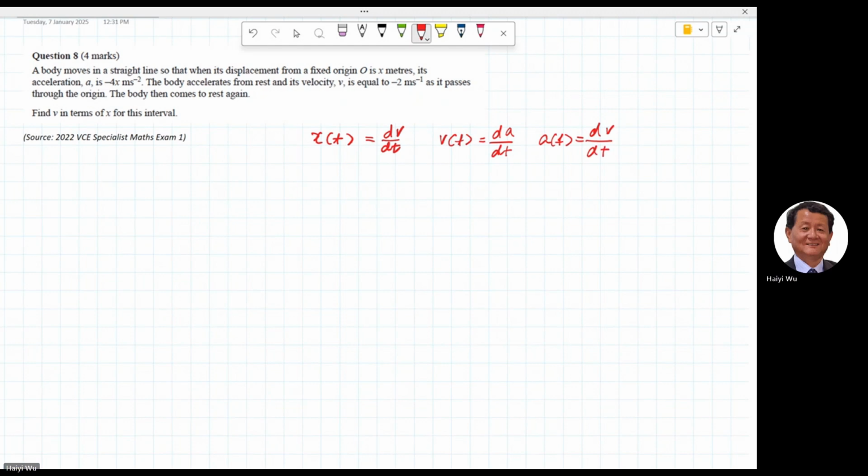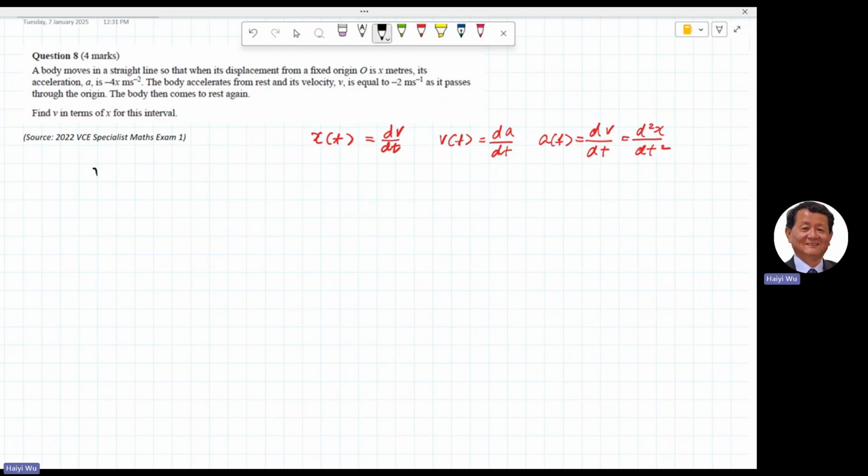So those are all the relationships we use. Obviously, acceleration is the double derivative of displacement with respect to time.